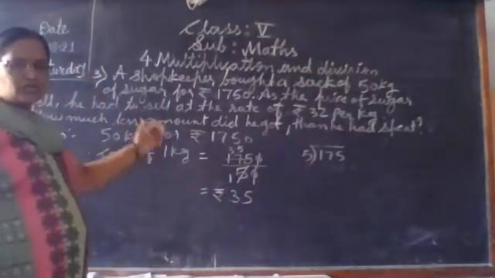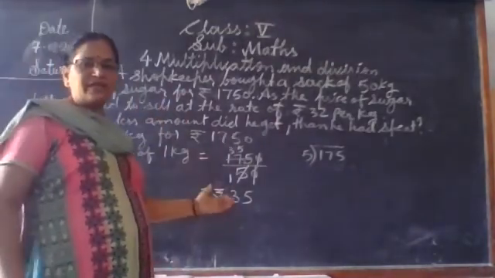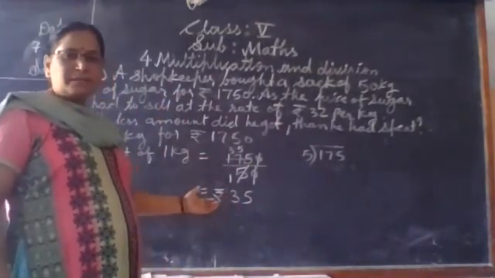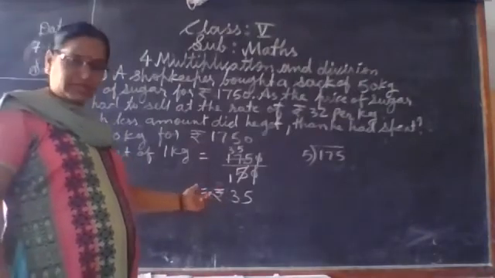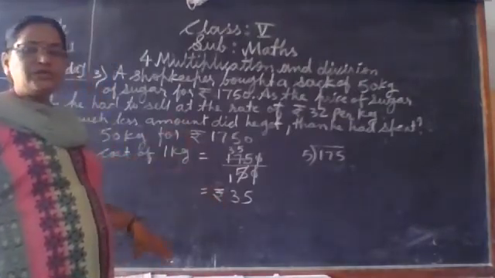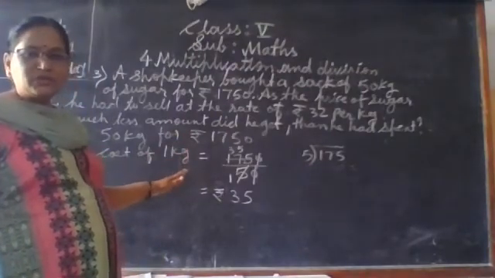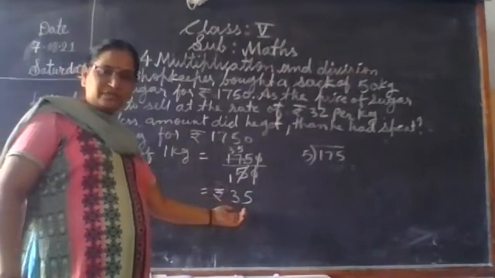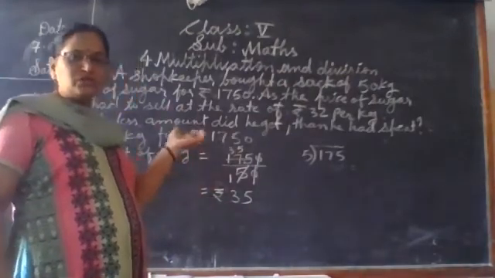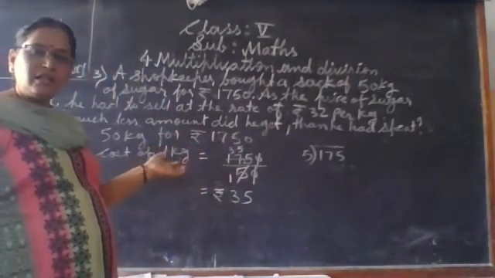So he bought the sugar at the rate of 35 per kg. Now due to the fall in price, he sold at the rate of 32 per kg. He bought at 35 and sold at 32. He made a loss.